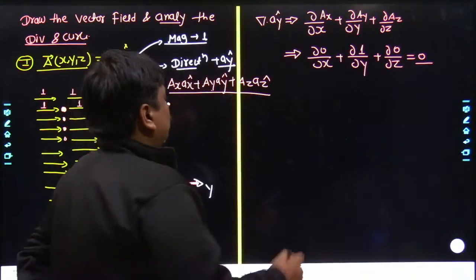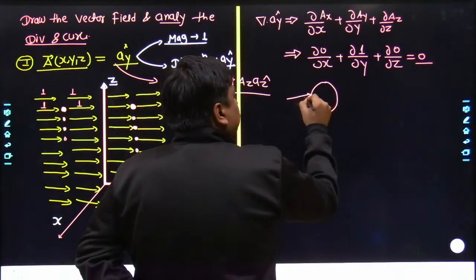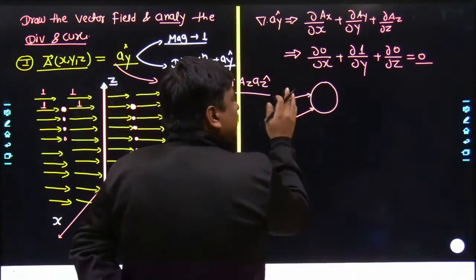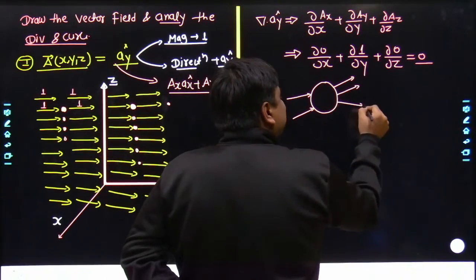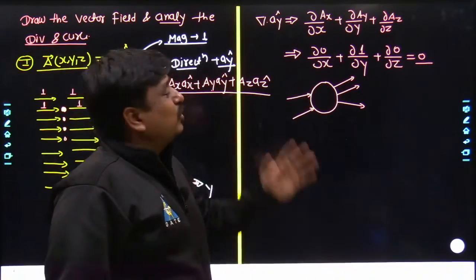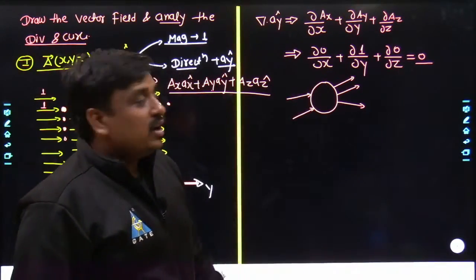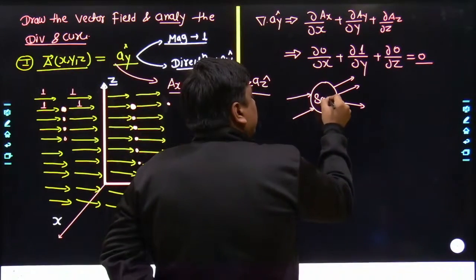If you talk about sourciness, what does that mean? If a field is sourcing, that means the field lines coming in are rare, whereas the magnitude of the field which is coming out is stronger. Now you can say that yes, at this particular zone it is getting sourced.